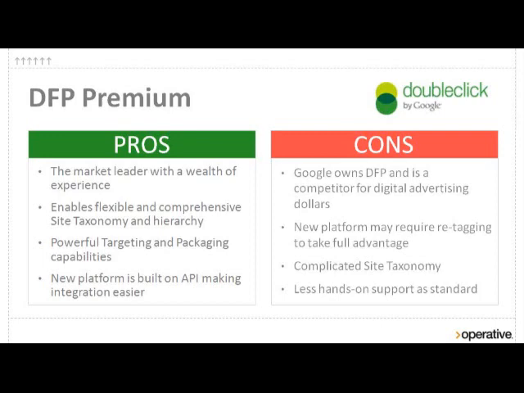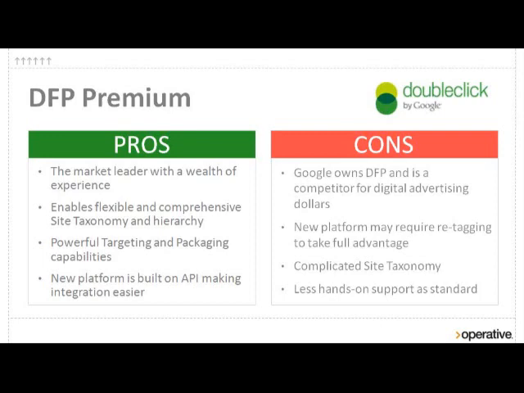It is a new platform, and to take full advantage of that new platform may require retagging and effort. That's not to say that the migration path that's been presented by Google, going from DFP Legacy to DFP Premium, if that's something that you're going to be going through over the next year or so, has to involve that.